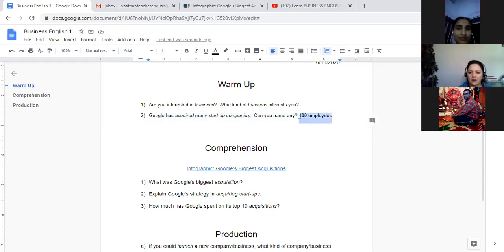So if you see this word acquire, in a business context, it means to purchase or to buy out a company.